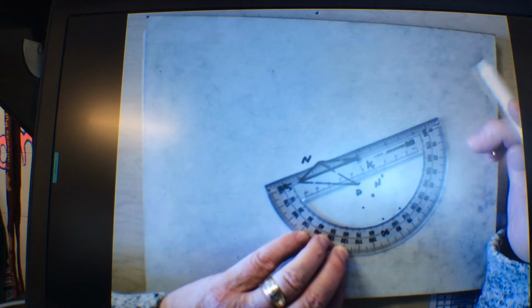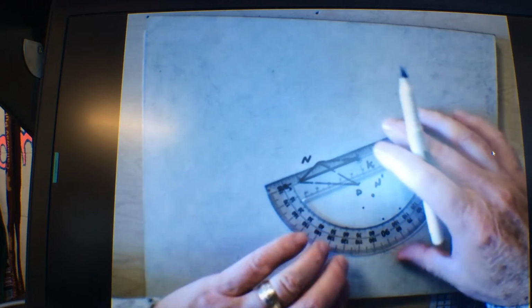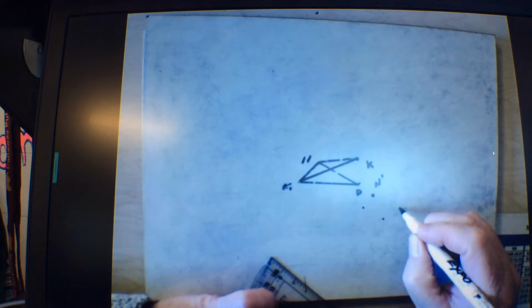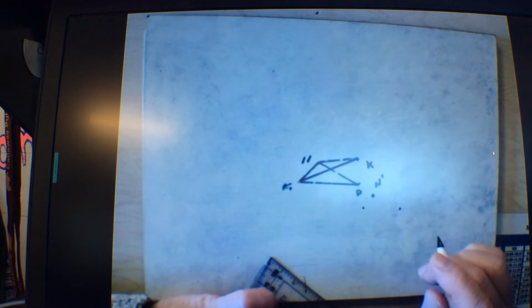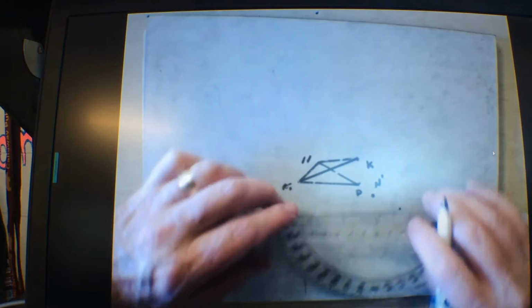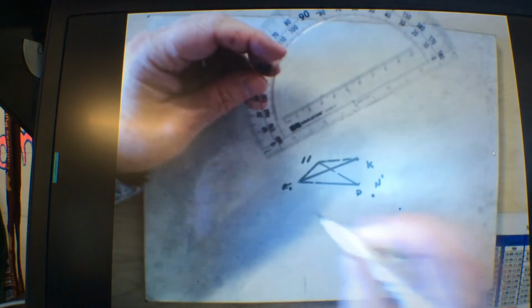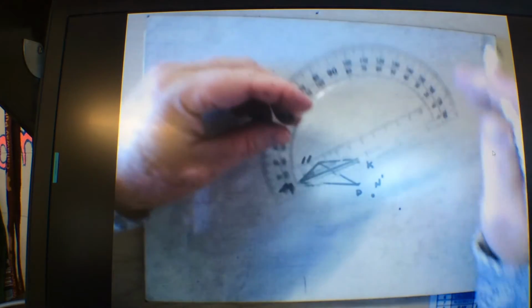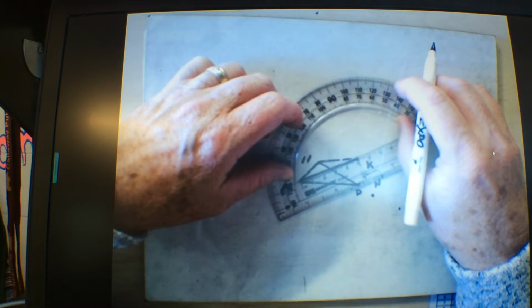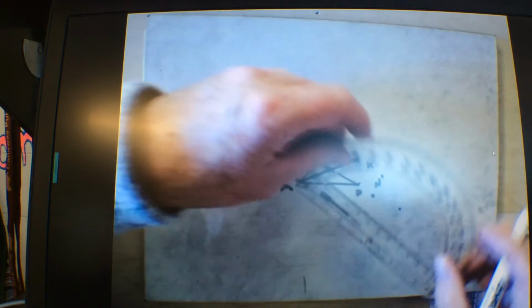Any other questions before I move this? Nope. Okay, so now I'm going to erase this other one. This one is where I'm going. This is where I've been, okay? All right, so now I'm going to measure the distance from M to K. I do it in centimeters, and it looks like it's 5 centimeters right on the button.